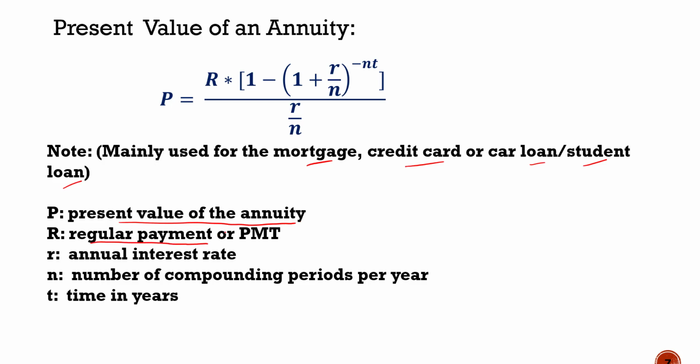R represents the regular payment, or PMT. Lowercase r represents the annual interest rate. You can also replace this uppercase R with PMT. N is the number of compounding periods per year, and t is time in years. So the formula is slightly complicated, but once you get used to it, it's not bad.